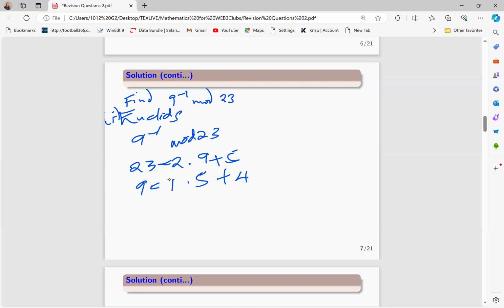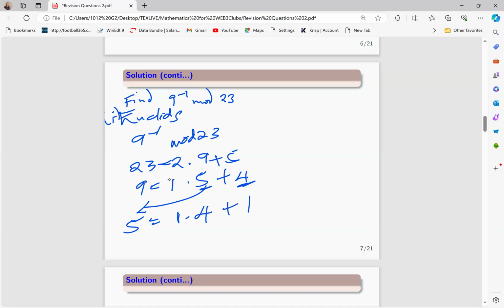So basically we take this one here, then you divide by the remainder, which is this one now. So it becomes 5, then you divide by 4. So 4 comes there, then it goes there once, 1 times 4. Then the remainder is plus 1.